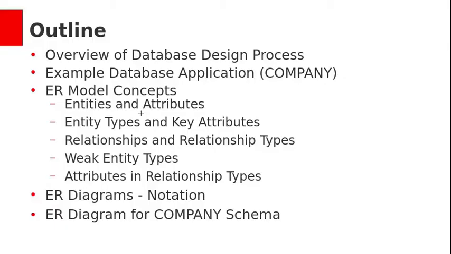We use the company database application, then we will see ER model concepts: entities and attributes, entity types and key attributes, relationships, relationship types, weak entities, attributes in relationship types, and we will see ER diagram notations. Then we will apply all the concepts to the database application company.